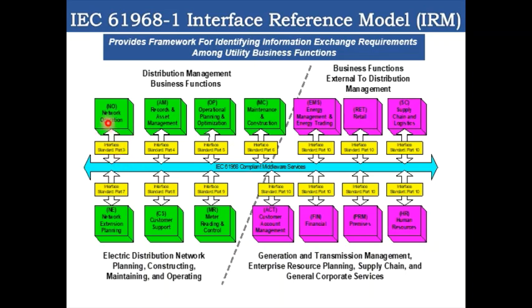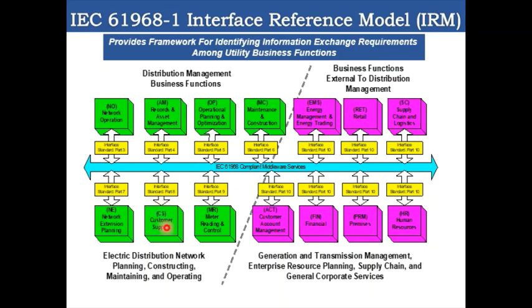Say for example, network operation is defined in part 3 of the standard. So the interface standard will be covered in part 3 of the IEC 61968. Similarly, asset management is in part 4, operations in part 5, maintenance and construction is in part 6. Network extension planning is part 7 of the model.